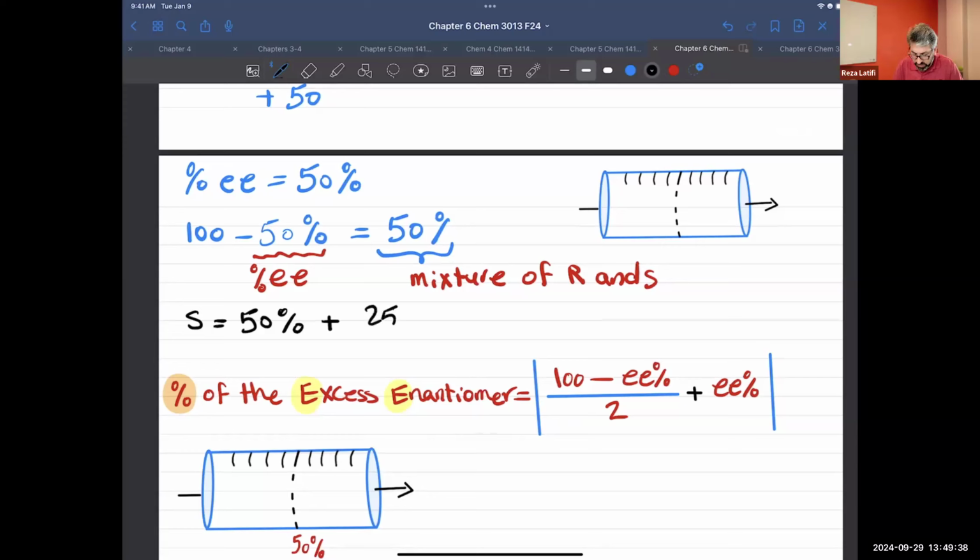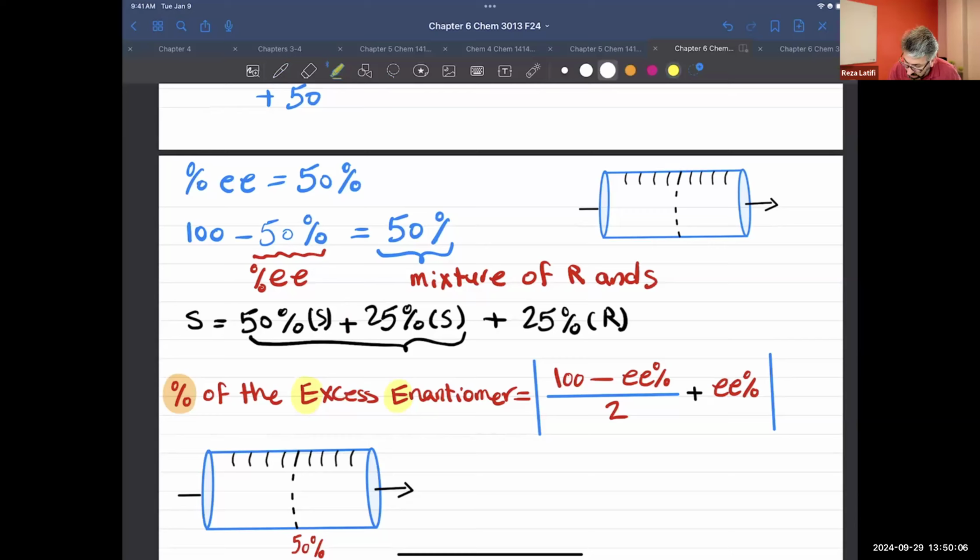I'm going to say I have 25% for S plus 25% for R. And the one that we had excess from was S. So how much from S do I have? From S, I have 75%. Okay, 75%. Let's show that one. So I have something around here, let's say this one, 75%, and that's going to be the 25%.